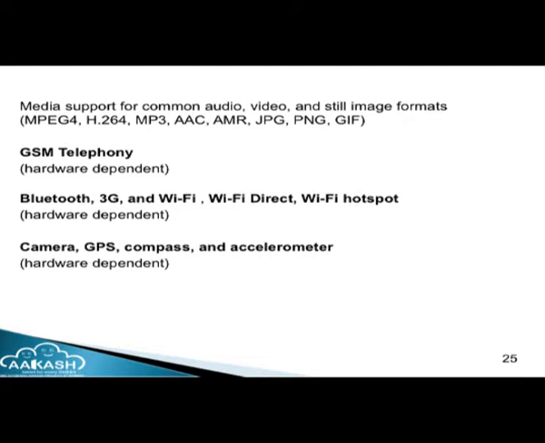Then, as I already told you, almost all popular media formats are supported in Android. Then the last three features depend on your hardware manufacturer. If they have provided it, only then will you have it in the device. That is GSM telephony, Bluetooth, 3G, Wi-Fi direct, hotspot, camera. You can see at a glance how much is there in Android.